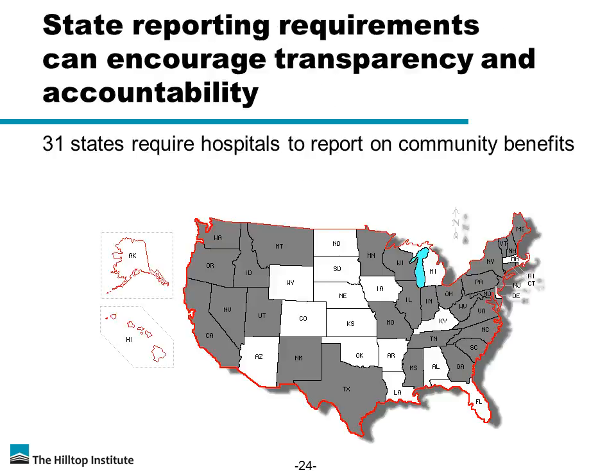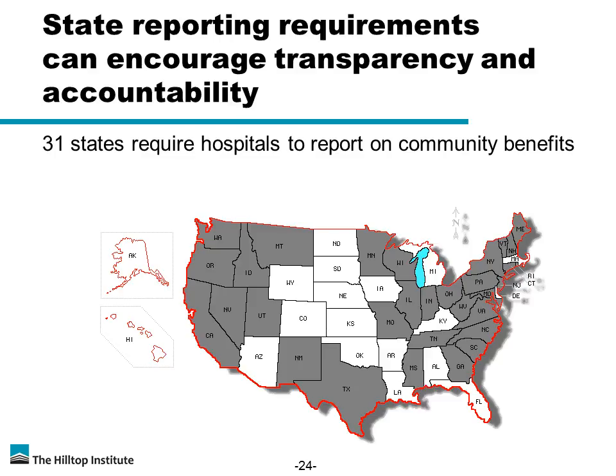So one of the things that we've done here at Hilltop is investigated which states have their own hospital community benefit reporting requirements. And you can go on our website. We have our state law profiles where we actually go into each state and tell you what kinds of community benefit reporting they require. And essentially there are 31 states that have their own reporting requirements.